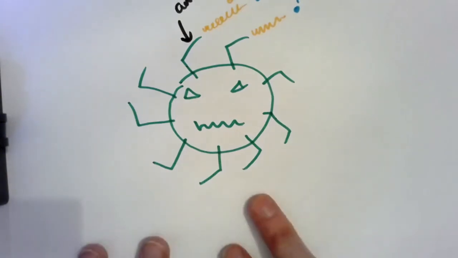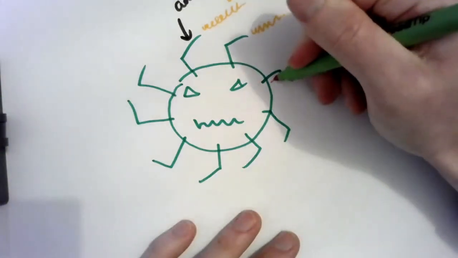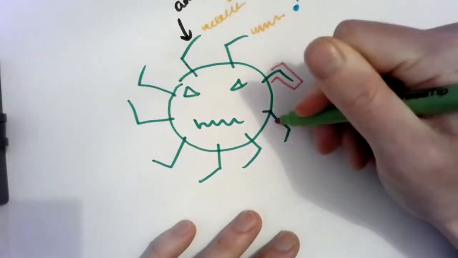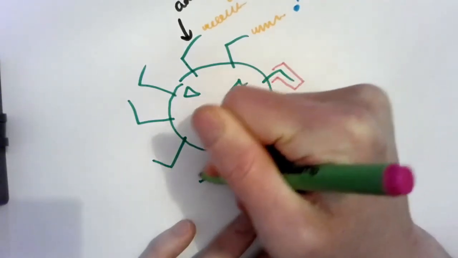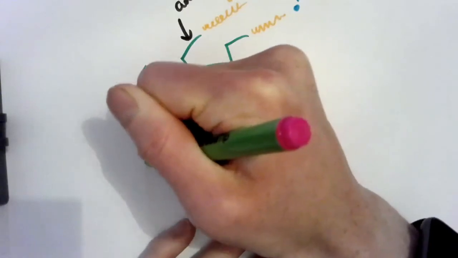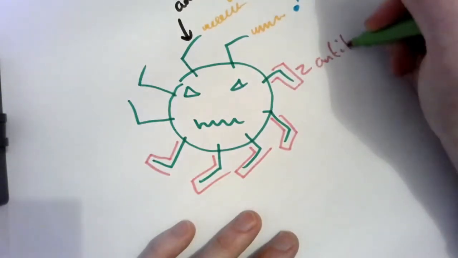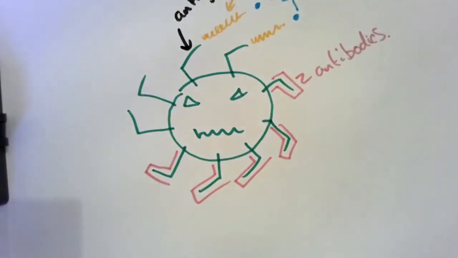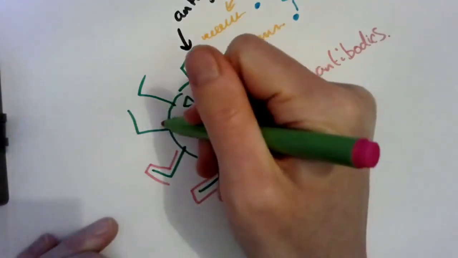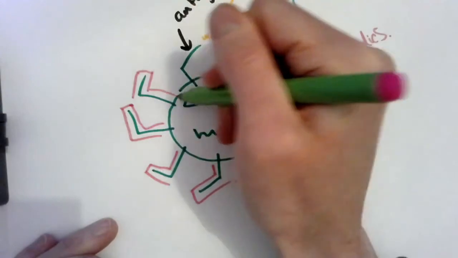What your body does to fight that pathogen is it produces something called antibodies, and these wrap around, fit perfectly onto those antigens. Okay, and that means that no more toxins can be released. So these are your antibodies. It takes your immune system a little while to produce these, and that's why the first few days after you get ill you can feel rough.